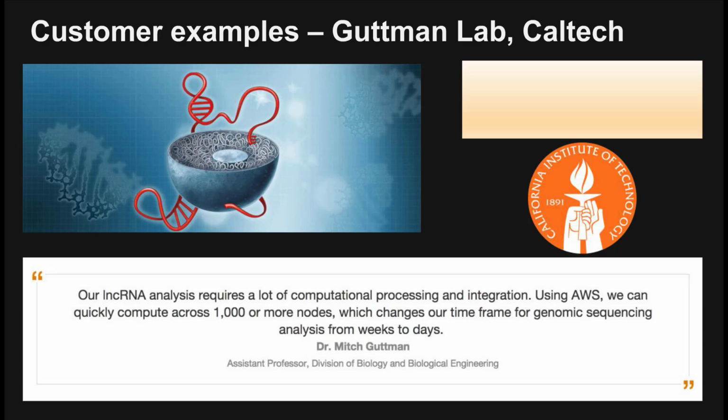He's not in a position where he has to purchase hardware and maintain physical capacity in a closet somewhere on campus. Instead, he's able to run his workloads in the cloud, scale them up and down based on real-time needs for jobs, and get quite a bit more work done. In this case, quickly computing across 1,000 or more nodes for their genomic sequencing workloads.